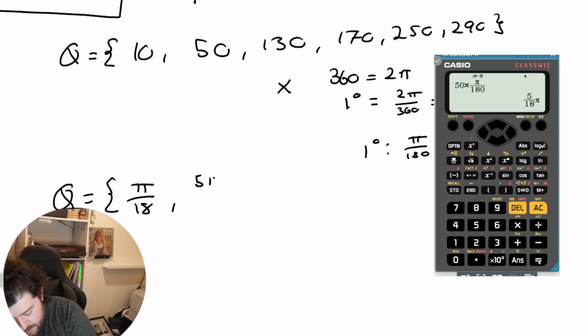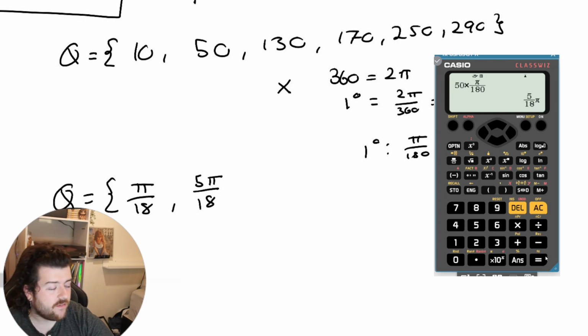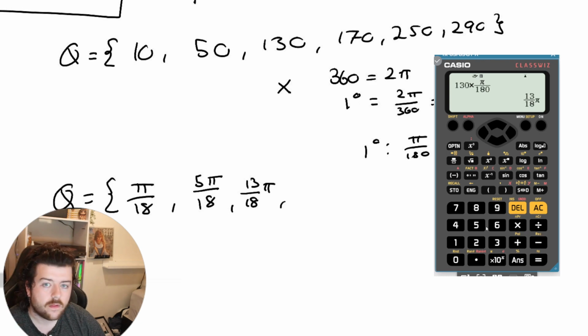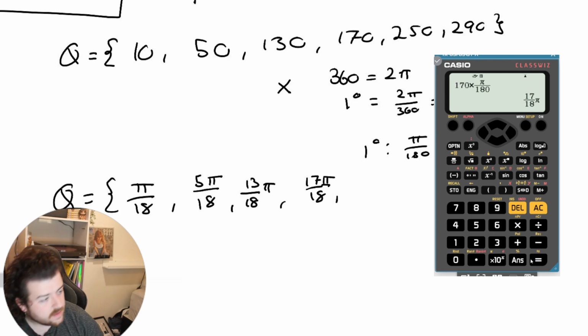Five pi over 18, or 5/18 pi, doesn't matter, wherever you choose. Next one. So next one's 130. So multiply 130 by pi. 13 over 18 pi. And 170, which is just 17 pi over 18.